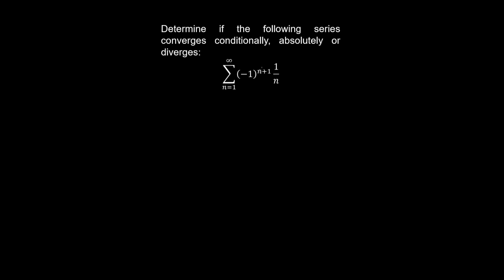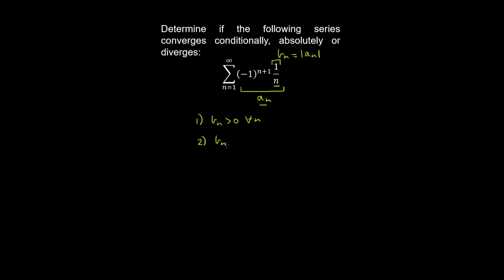Let's determine if this series converges conditionally, absolutely, or diverges. Well, we designate this term in the series as an, and this term in the series as bn, which is the absolute value of an. And now we check if the series an converges conditionally using the alternating series test. So in this test we just check if bn is greater than 0 for all n, which is true.